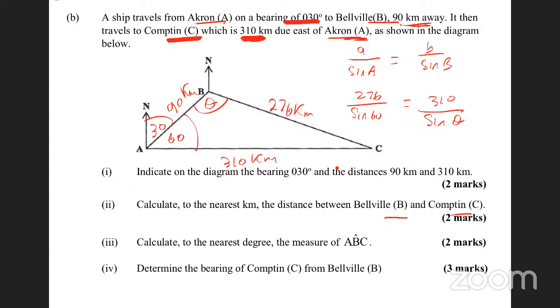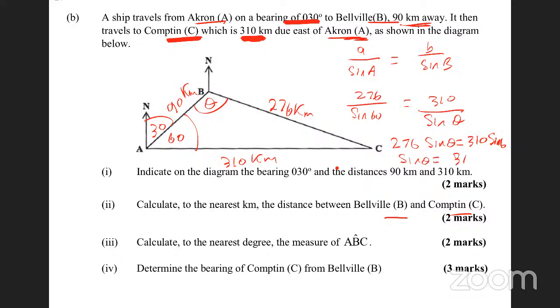How do we solve for theta here? What's the first step? How are you going to make theta the subject? Cross multiply. So you will get 276 sine theta is 310 sine 60. And then solve for sine theta.